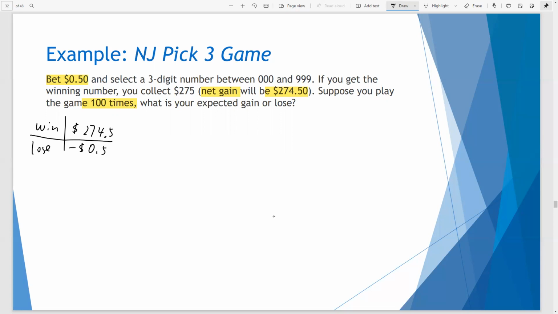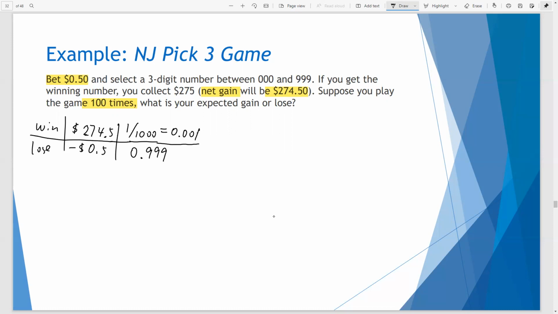The likelihood to win is 1 out of 1,000, since there is only one winning number. And of course, the remaining 999 numbers are the losing numbers.